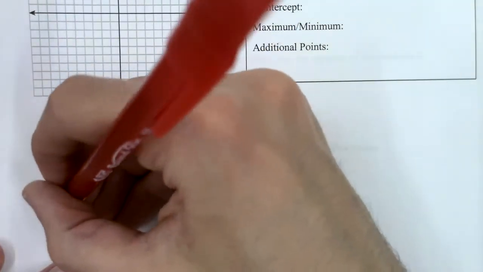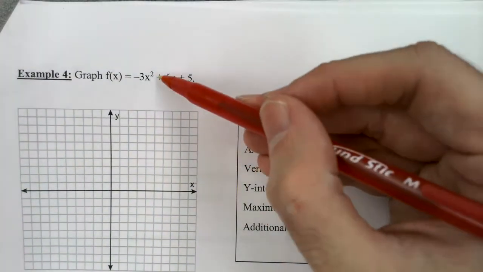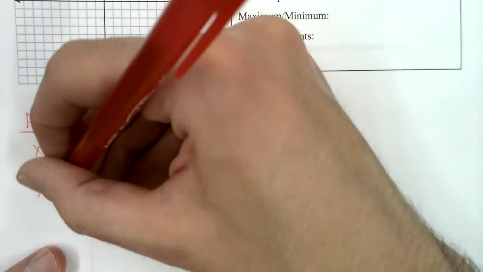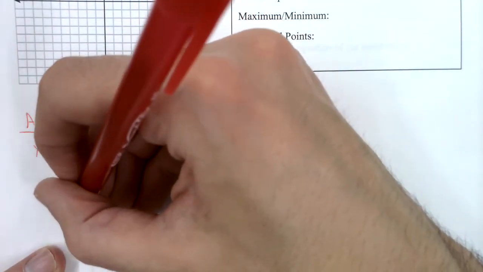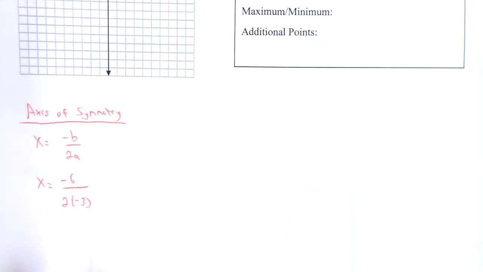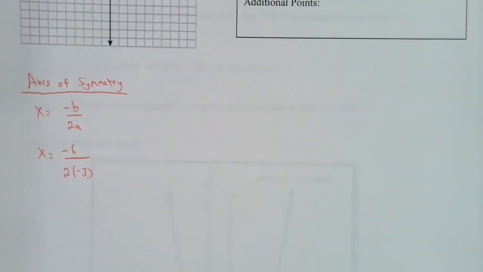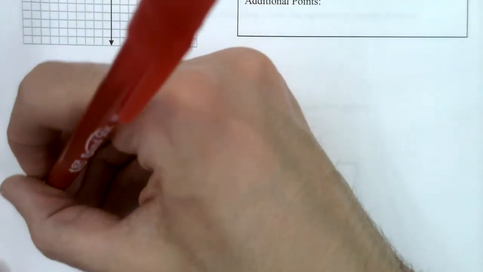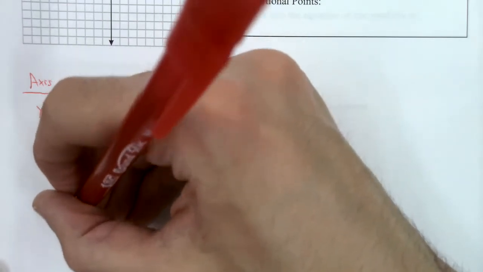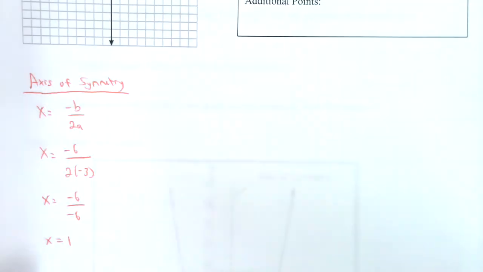X equals opposite of b, meaning negative 6, divided by 2 times a, which is negative 3 above. So we have negative 6 divided by negative 6, which means the axis of symmetry is going to be x equals 1.